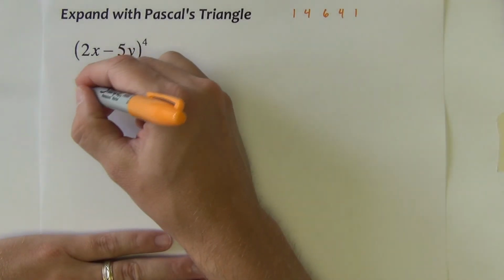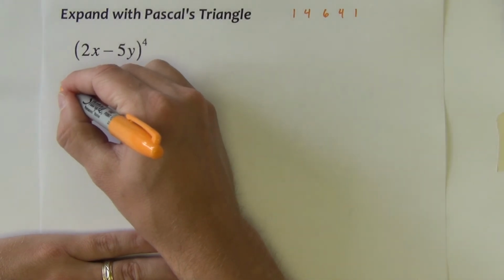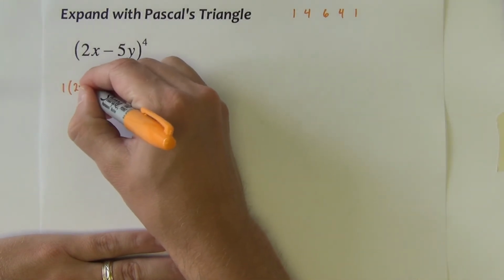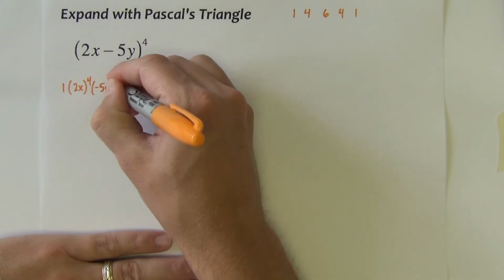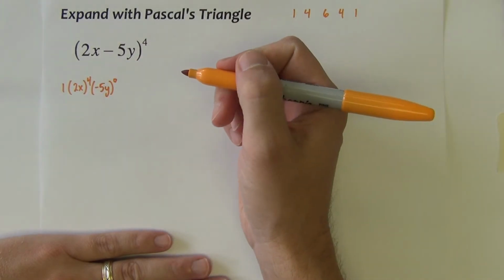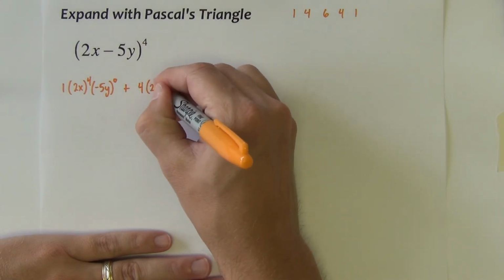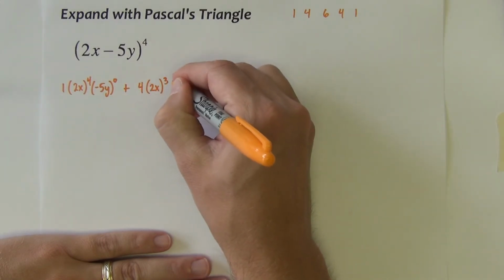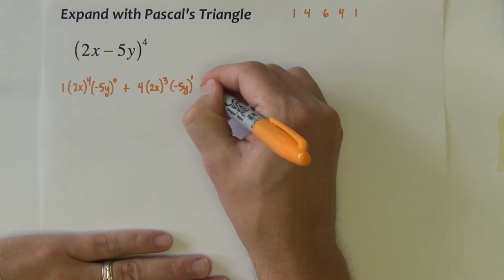So let's see, the first term, I'm going to start all the way to the left here because this is going to be pretty long. I've got 1, 2x goes to the 4th, negative 5y to the 0. Plus, next is 4, the 2x goes down a power, negative 5y goes up a power.